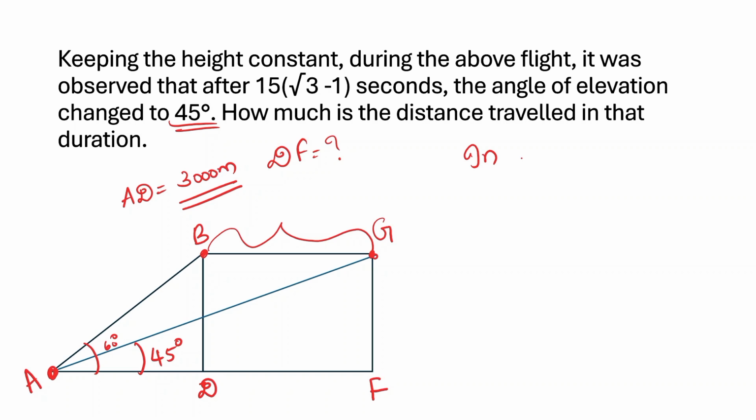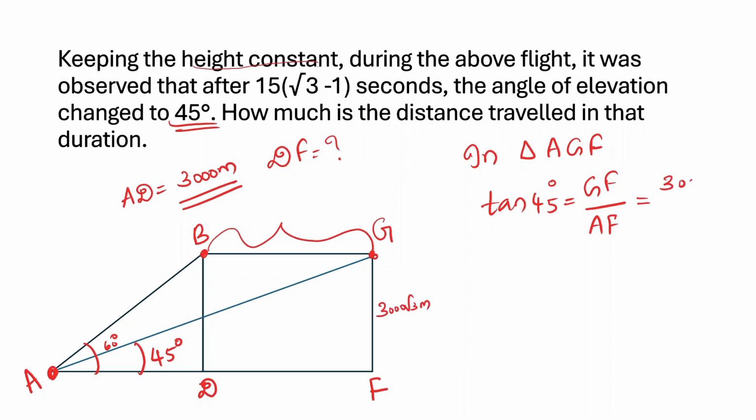So in triangle AGF, tan 45 equals opposite side GF divided by AF. What is GF? Keeping the height constant, as mentioned in the question, 3000 root 3 meters is constant.